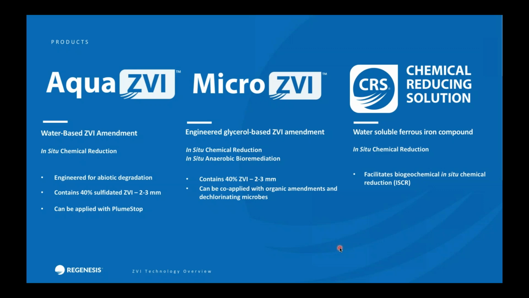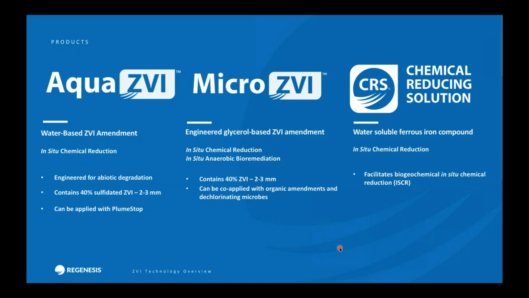Glycerol is a food grade, biodegradable donor that's non-reactive with iron, and that allows us to keep a stable suspension, also at 40%, 2 to 3 microns in the glycerol. These both have a viscosity as shipped of about 2 to 3,000 centipoise, and the consistency of paint. Generally, micro ZVI is co-applied with 3DME or other sorts of organic amendments and dechlorinating microbes.